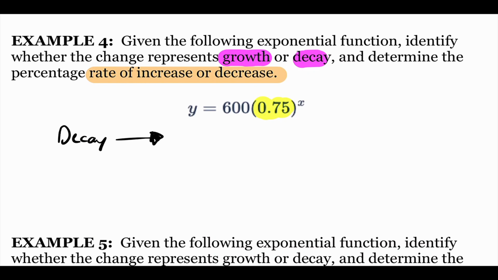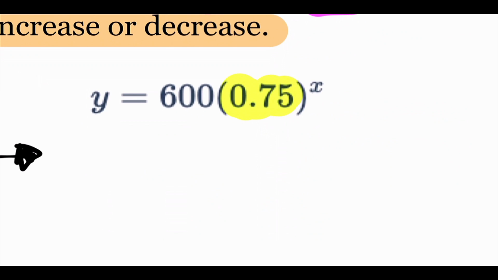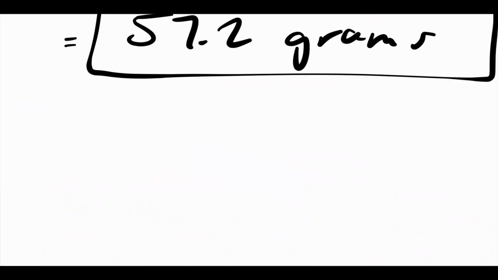Okay, that's the first thing. The second thing is, what is R? Well, they skipped a step, right? What they did was, how did they get 0.75 in the parentheses? This is what they did.